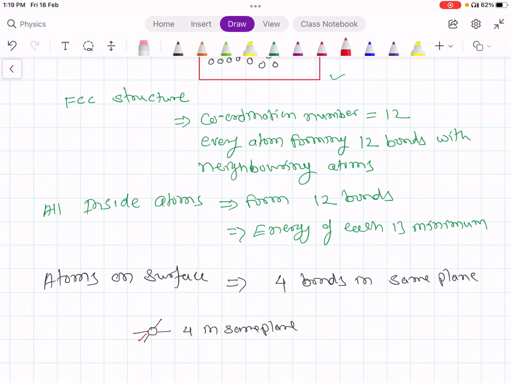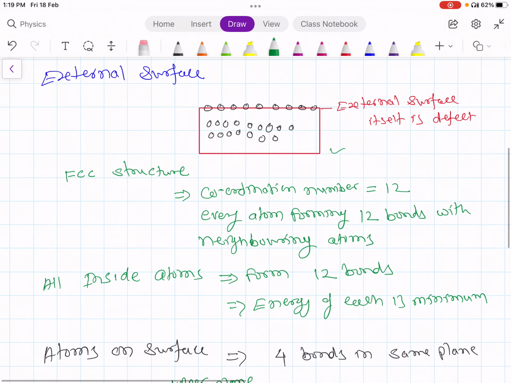There are 4 atoms in the below plane and 4 in the upper plane. That's how there is 12 coordination number: 4 in the same plane, 4 in the lower plane, and 4 in the upper plane.